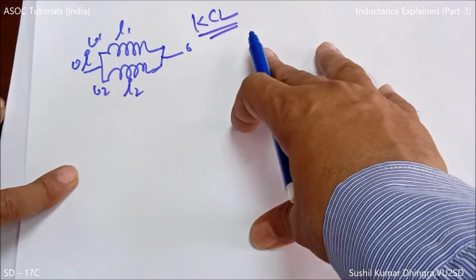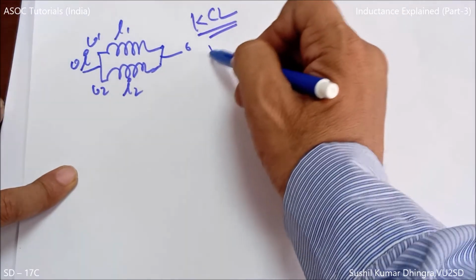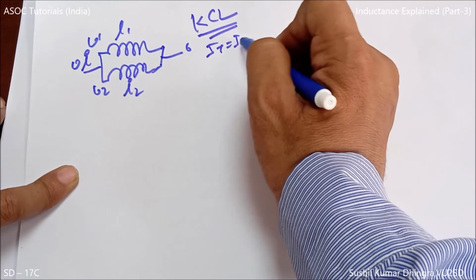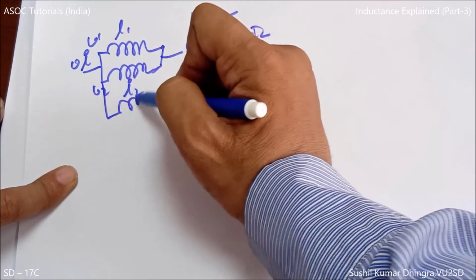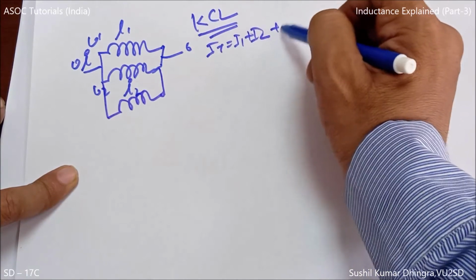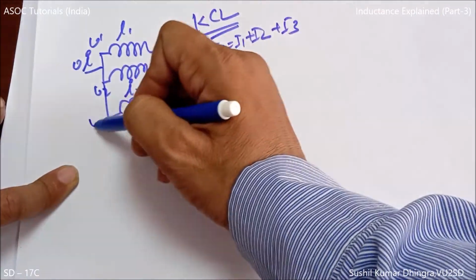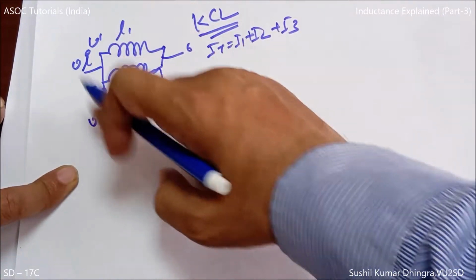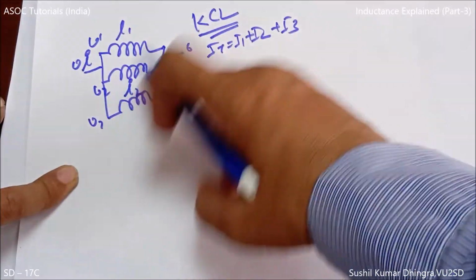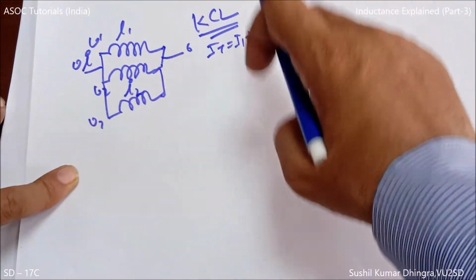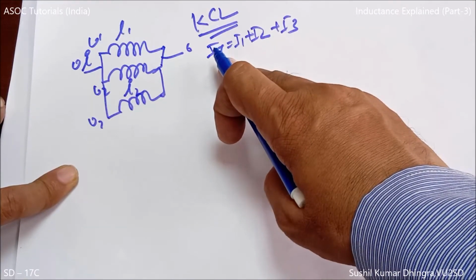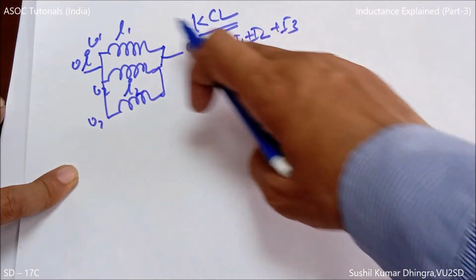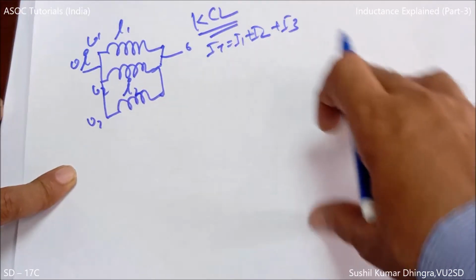So you have to remember, I total is equal to I1 plus I2. If I am connecting more coils the same way, plus I3, but the voltage V is again the same. Whatever is incoming is the same for all coils, but the current goes separately. So to calculate the total current, you have to check the individual currents using the KCL formula.